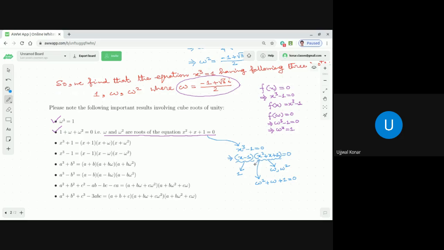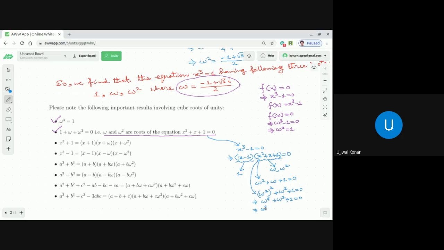Also, if we take omega square as a root, then omega square square plus omega square plus 1 equal to 0. Omega square square is omega power 4, so omega power 4 plus omega square plus 1 equal to 0. What is omega power 4?